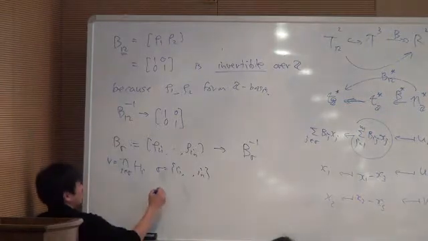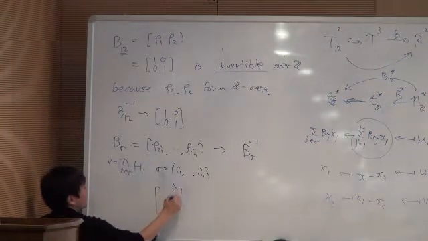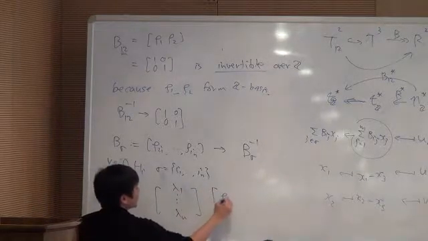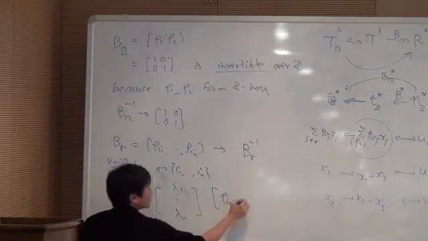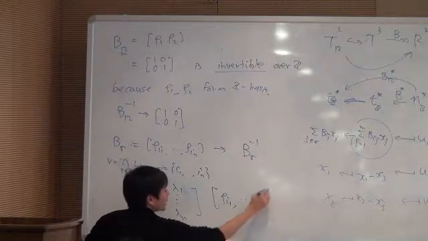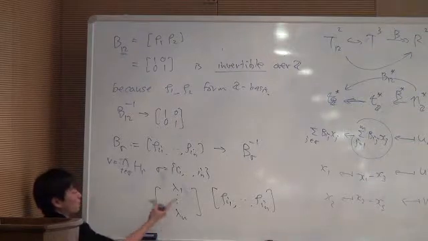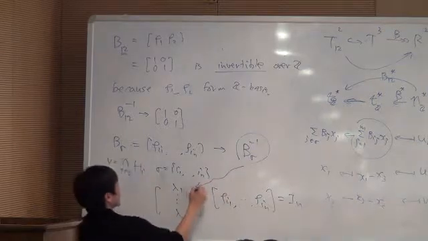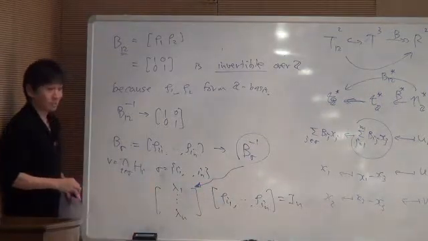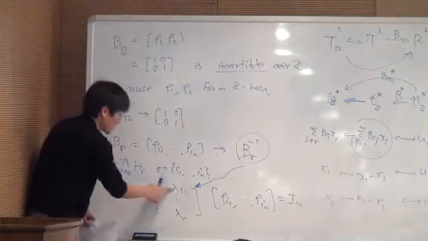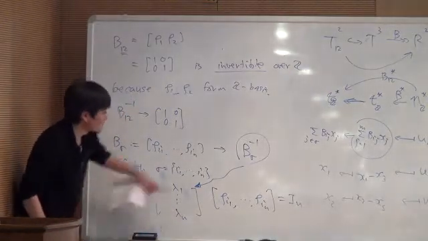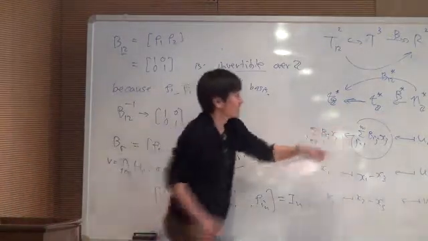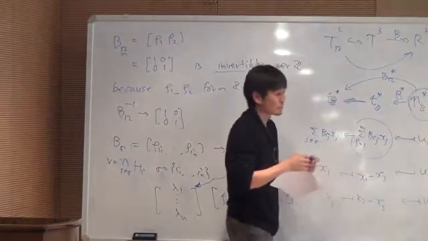Let's write it this way: rho 1 through rho n, multiplied by lambda i1 through lambda in, gives the identity matrix. So this is the inverse matrix. And this lambda i1 through lambda in gives you the image of the xi's in the dual of the Lie algebra.